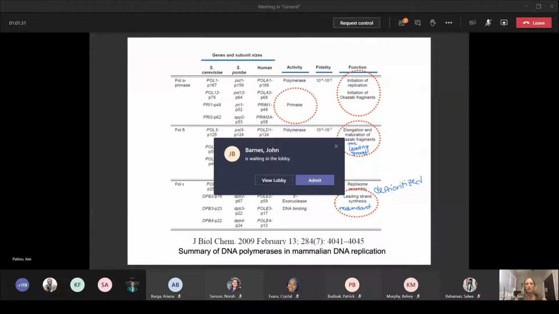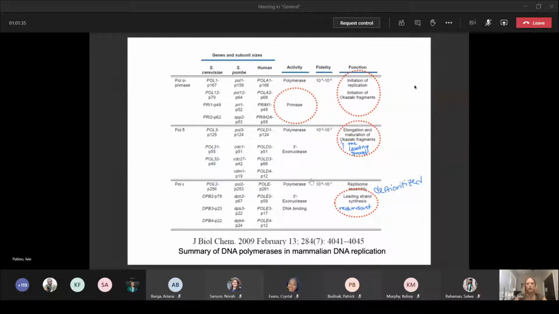Okay, so he left off on this slide last time, so it's a refresher slide. We have DNA polymerase alpha, DNA polymerase delta, and DNA polymerase epsilon. We know that DNA polymerase alpha works after the primase.